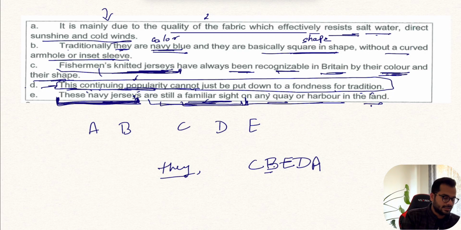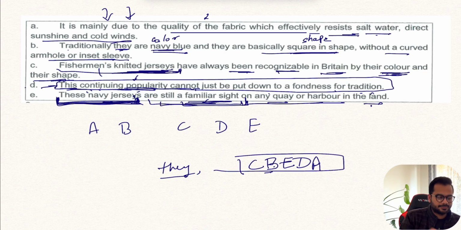So what it means is this continuing popularity cannot just be due to the fondness for tradition. That means they're not just popular because of the old traditions. It is mainly due to the quality of the fabric. So it's not just because people have been following that trend. No, it is actually due to the quality of the fabric. So that would be my last sentence.